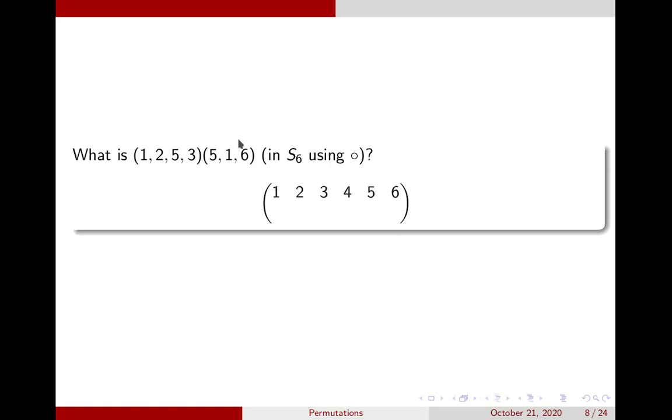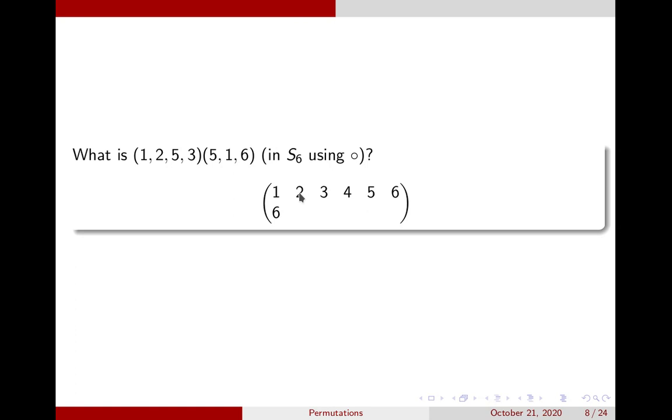So, for example, the right cycle 5, 1, 6 sends 1 to 6. And the left cycle sends 6 to, well, 6 does not appear here, so the left cycle sends 6 to 6. The net effect is that 1 is sent to 6.